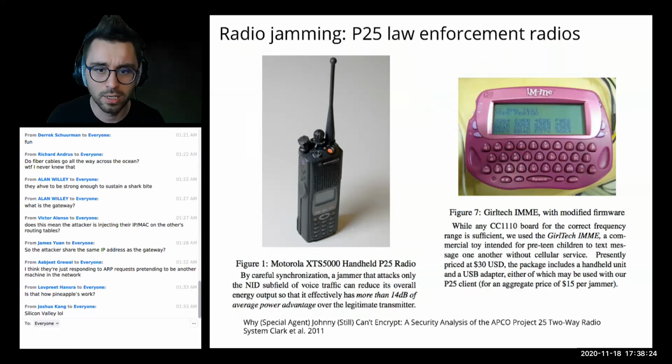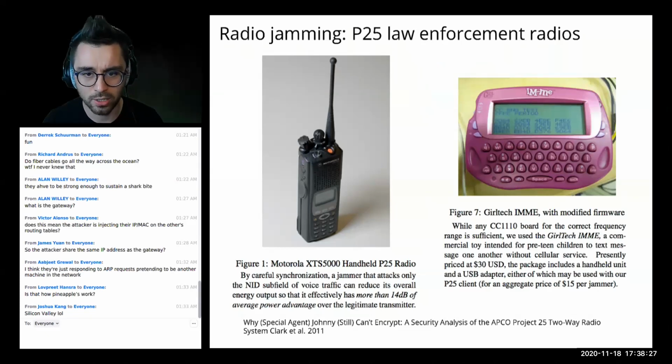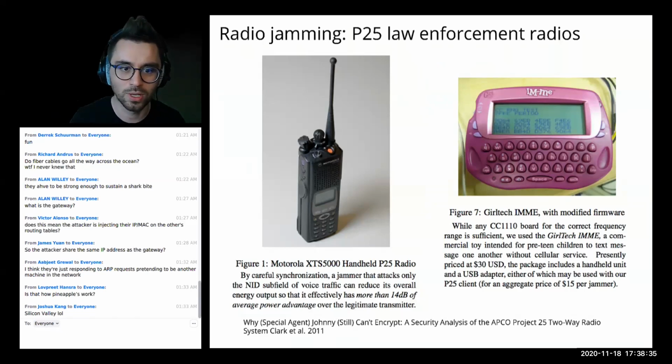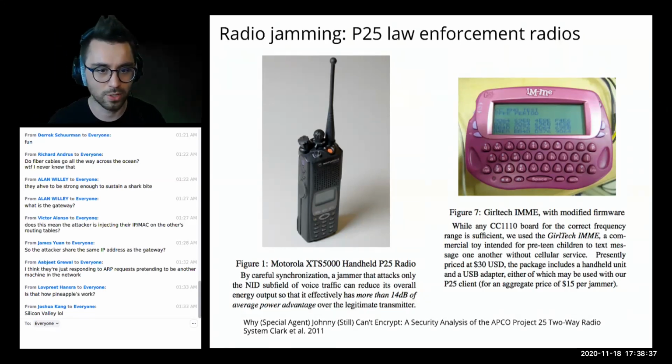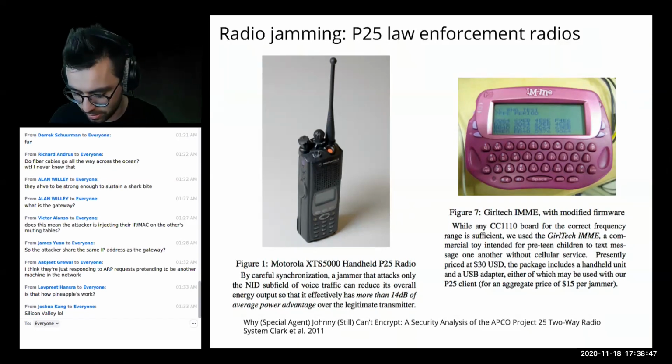In fact, they bought one of these Girltech IMME little radios that cost $15, and they turned that thing into a jammer that's able to exactly target this NID part of a packet and completely take down these networks.